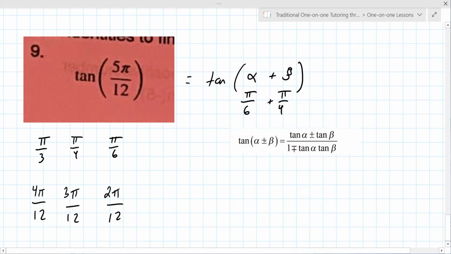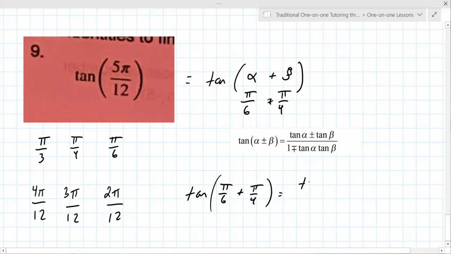The way these reference sheets work is that the plus or minus, if it's plus, as in our case, maps to the top one. So the plus goes to the plus, but the top one is a minus down here. You just follow the order, whether it's top or bottom. So for you, tangent of pi over 6 plus pi over 4, and the order doesn't matter.